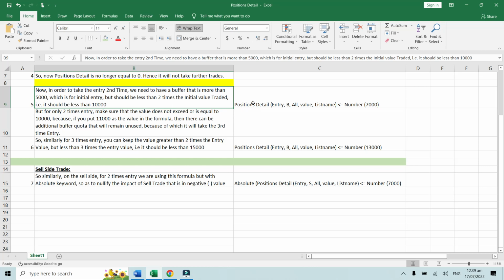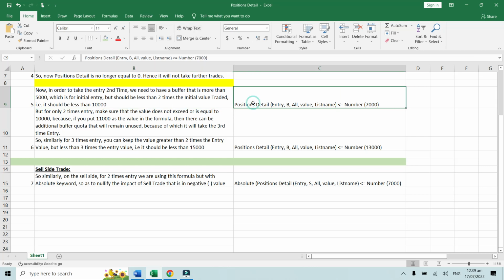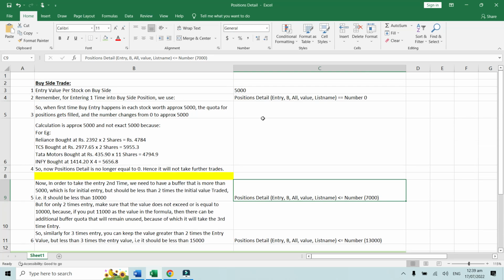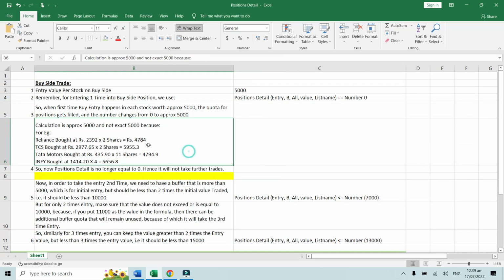That's the reason why we use the value positions detail entry by all value list name less than or equal to 7,000. When the initial trade gets completed, it will record that the value of Reliance bought is 4,800, TCS bought is 5,900, Tata Motors bought is 4,700 and Infosys bought is 5,656.